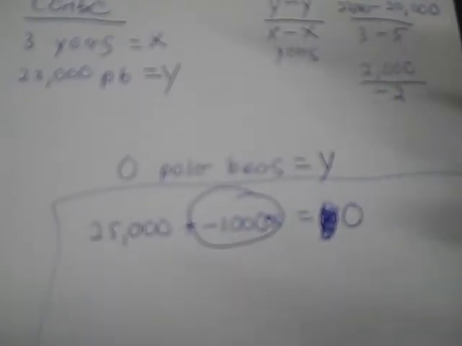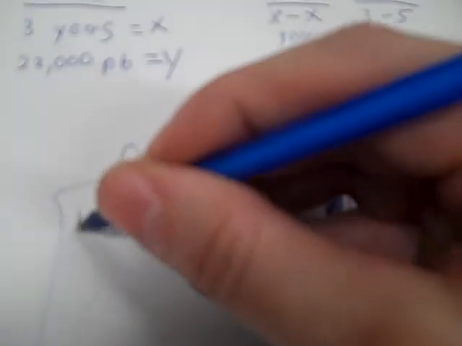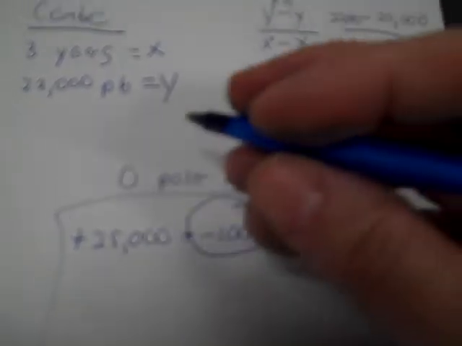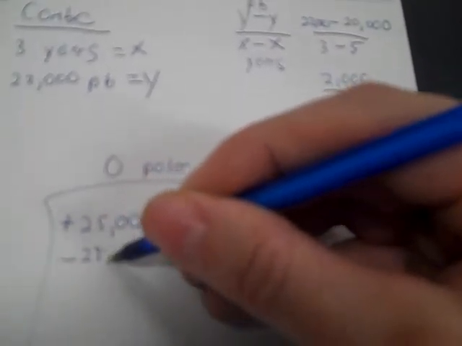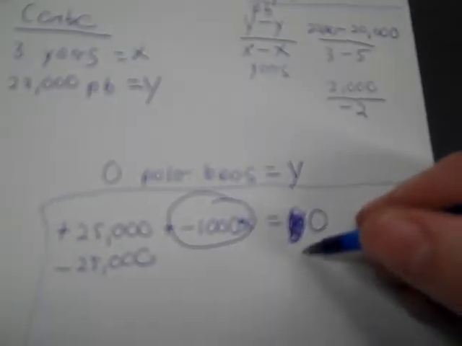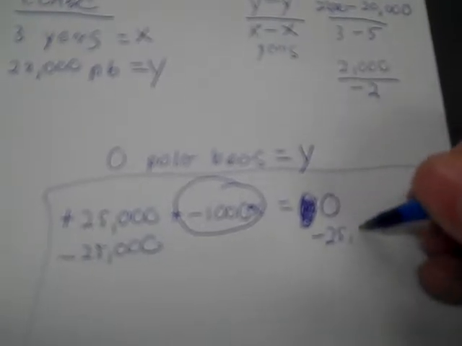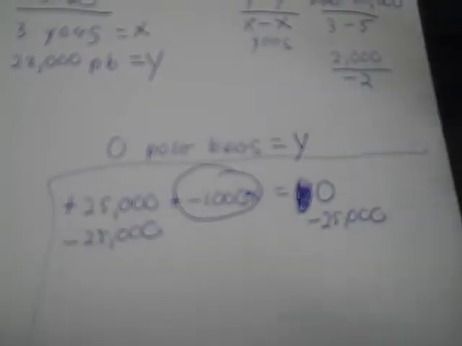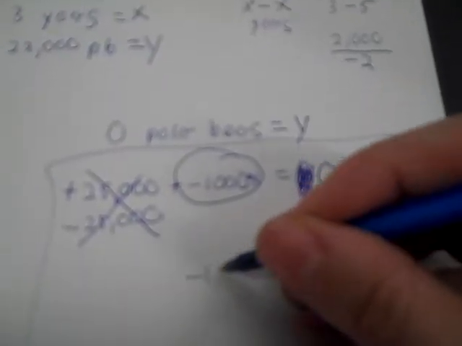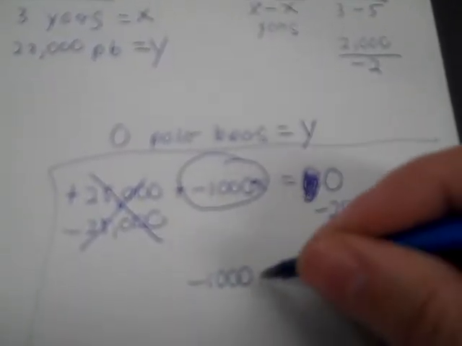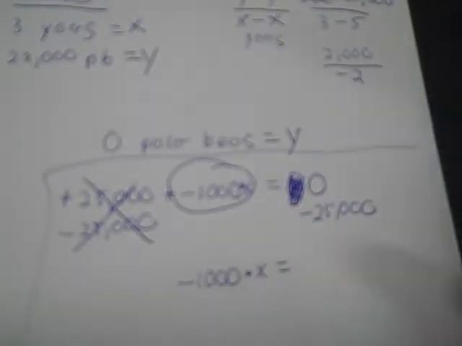So we're going to divide by negative 1,000. But first I have this plus 25,000 here. So I need to subtract 25,000 and then do it from 0. Don't ever do it under the circle. Okay, so that cancels, and I have negative 1,000 dot x, and then I take 0 minus 25,000.